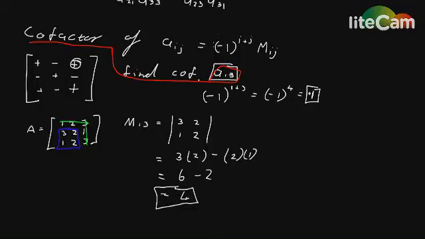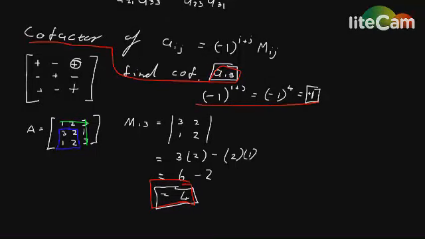The definition of the cofactor of Aij is negative 1 to the i plus j times the minor ij. We've now found the negative 1 to the i plus j for matrix element A13, and we know that it's positive 1. We've also found the minor of matrix element A13, and that is 4.